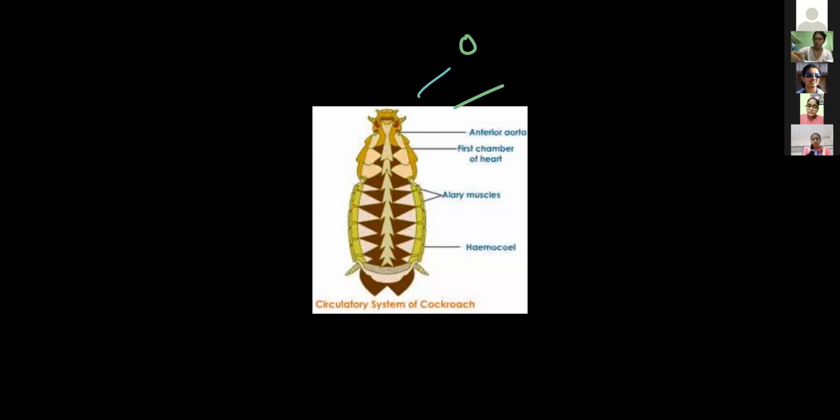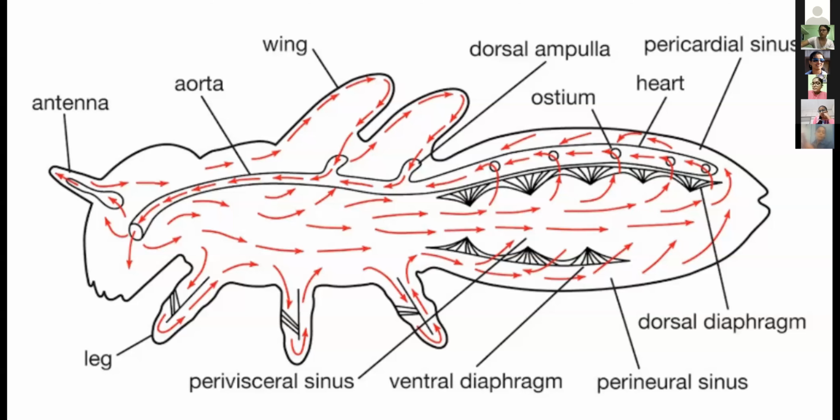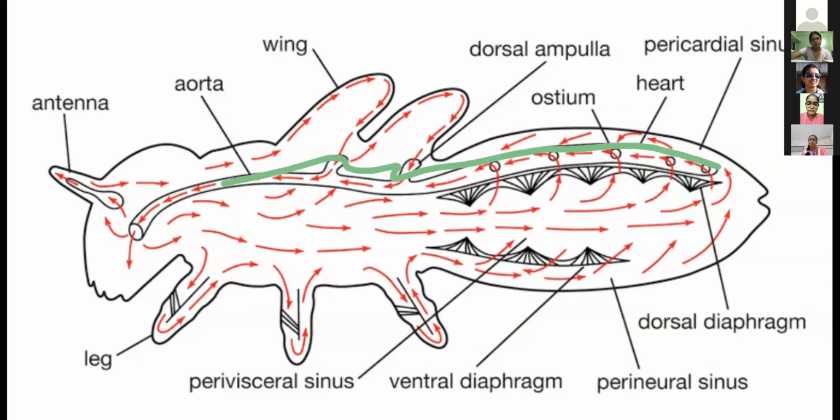Next, see this picture over here. In this picture, you can understand the blood flow. See carefully, the arrows are given for blood flow direction. This part indicates the circulatory system, and that circulatory system opens up anteriorly.